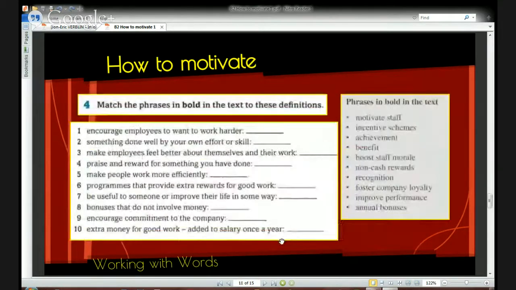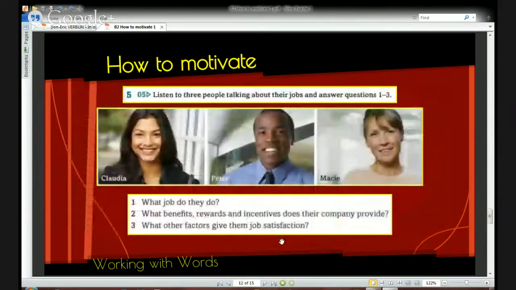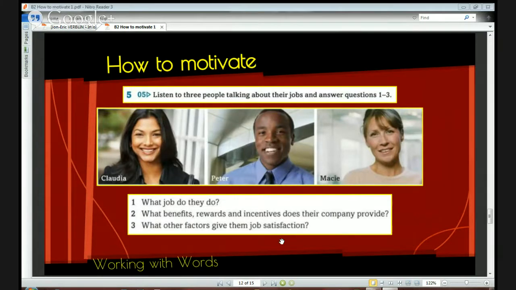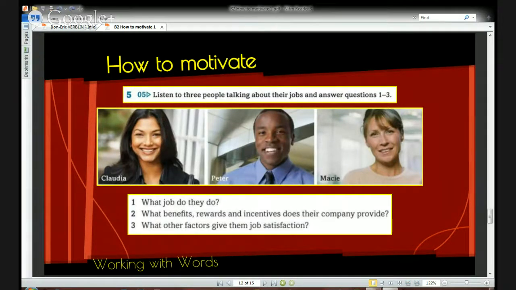Okay, we worked on those by matching a definition, and we're going to pick up today. We're going to work on a second set of vocabulary, as we usually do. It's usually 2 sets. So first of all, we're going to start off by just using our listening skills. We'll be listening to 3 people talking about their jobs, and then we're going to answer the questions below. Okay? Everyone read a question out loud so we know what we're listening for.